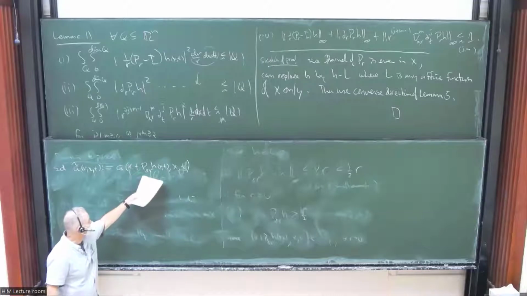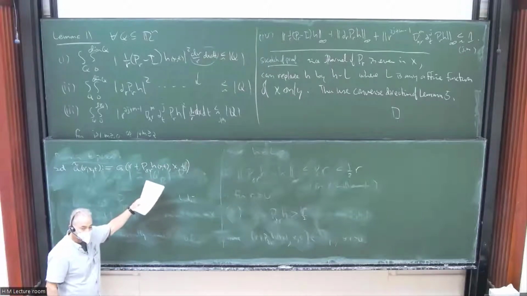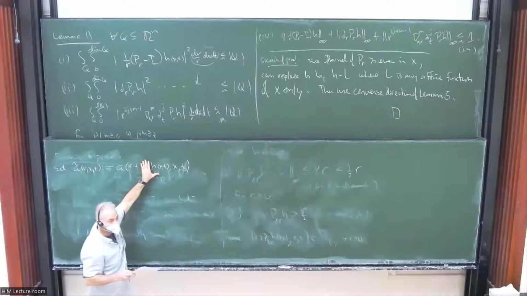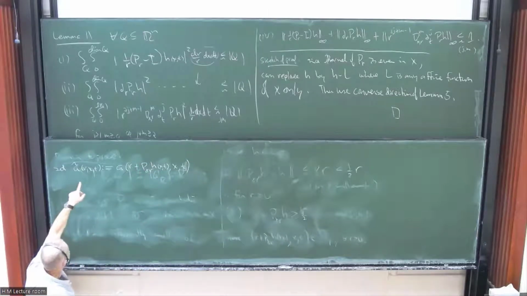It's useful because it means that derivatives applied to this guy eventually are going to have square function bounds, and that's why we're introducing it rather than just having H itself. Okay, that's actually the content of this lemma 11.